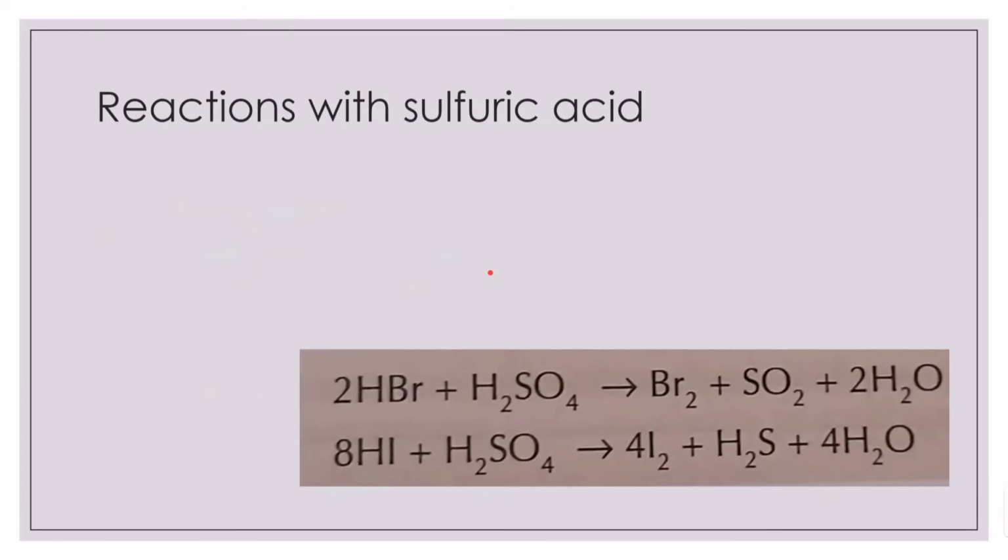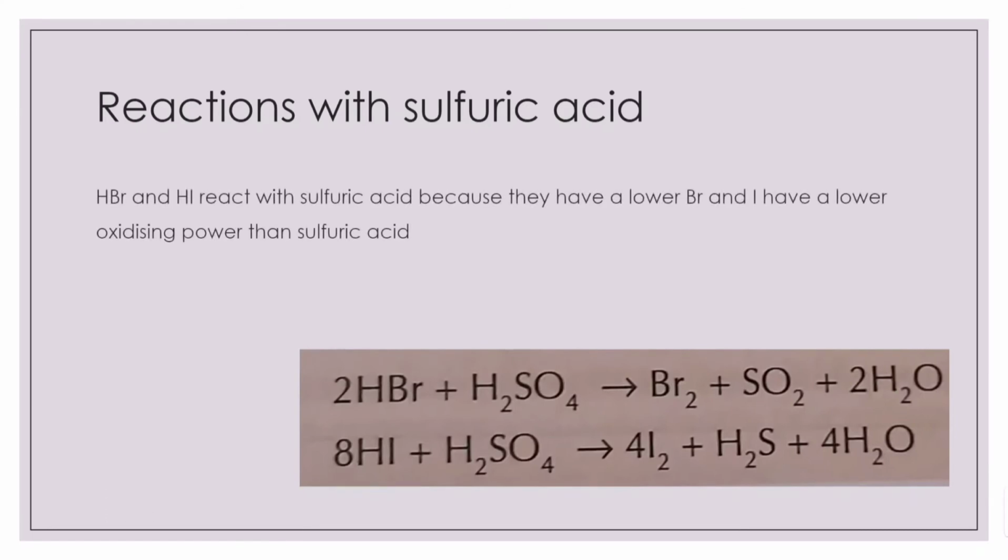And then finally we're going to look at reactions of sulfuric acid with hydrogen halides. Hydrogen bromide and hydrogen iodide will react with our sulfuric acid because they have a lower oxidizing power than sulfuric acid, whereas chlorine and fluorine have a higher oxidative power than sulfuric acid.